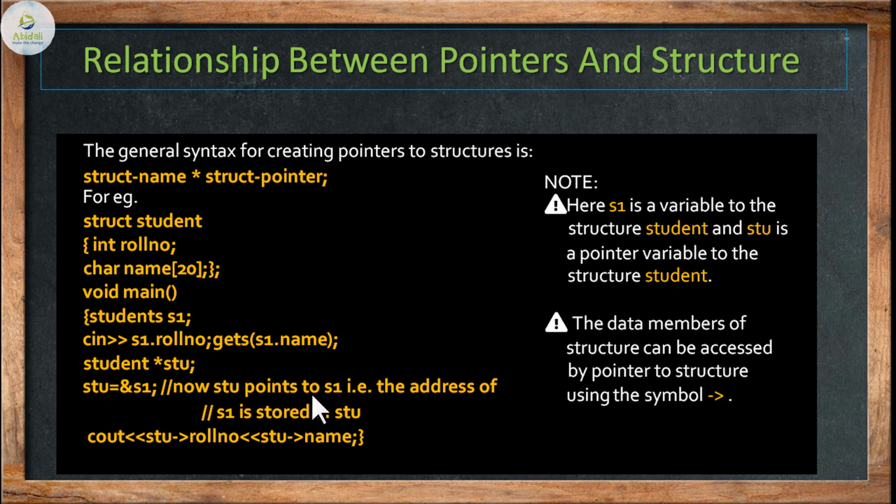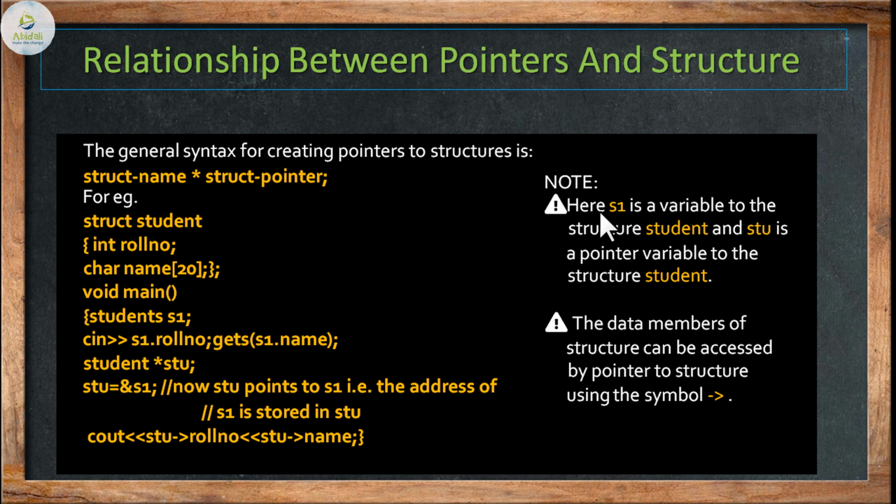Now STU points to S1, that is the address of S1 is stored in the STU. Okay. So once I display STU arrow mark roll number, whatever is given as input over here, the same will be given as output over here for the roll number and the name.